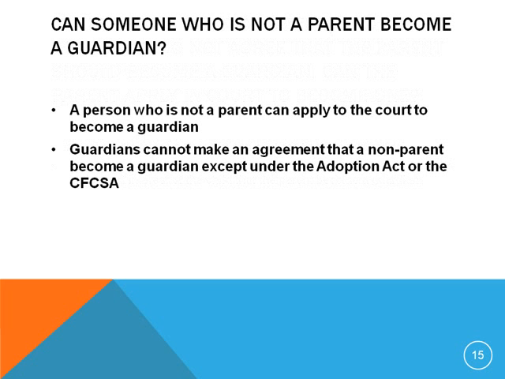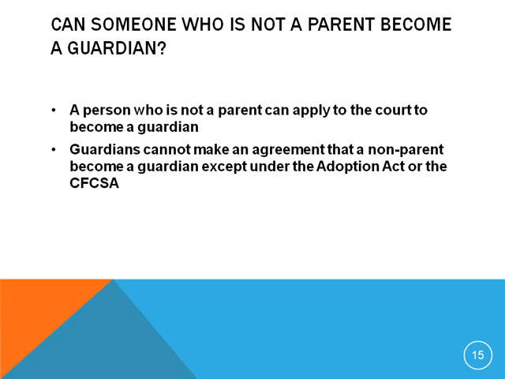And unlike when you have a parent who has taken off and then come back and said, I want to be a guardian, where the two guardians or any guardian that exists can make an agreement that this parent can become a guardian, when you have a non-parent, guardians cannot make an agreement that this non-parent become a guardian except if it's under the Adoption Act or the CFCSA.